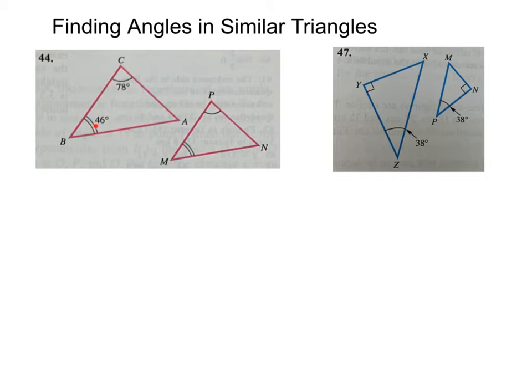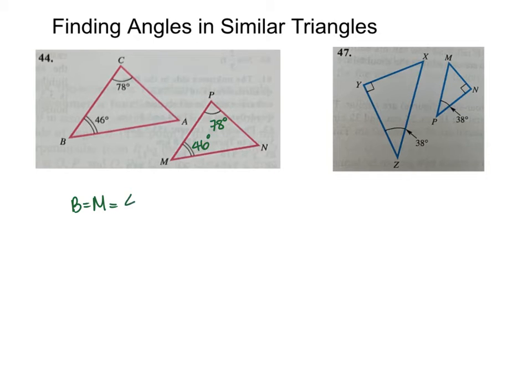Like notice how this angle here is 46, and those double curves there are just saying that this M here is also 46 degrees. Same thing with the C angle here, 78, which is correlated to P. These two are the same angle, so this one is also 78 degrees. So B and M all equal 46.